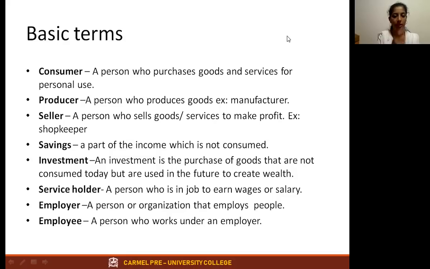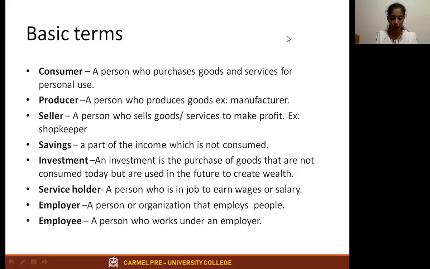The consumer is a person who purchases the goods and services for personal use. Who is a producer? A producer is a person who produces the goods, or we can call him a manufacturer who manufactures the product.